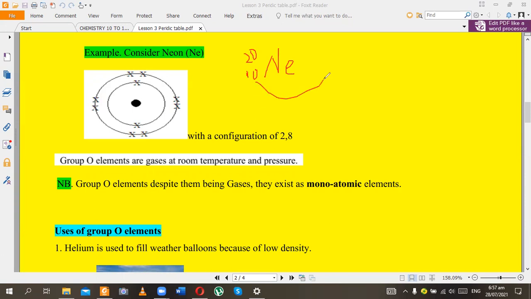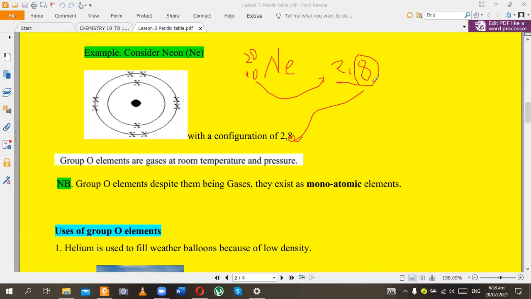If you are to do the configuration of these electrons, we don't do the configuration of the protons unless you are doing nuclear chemistry. So we're going to have 2,8. Now the 2,8 here, the last shell is fully occupied. Their chemical unreactivity is brought about by the fact that the last shells are fully occupied.